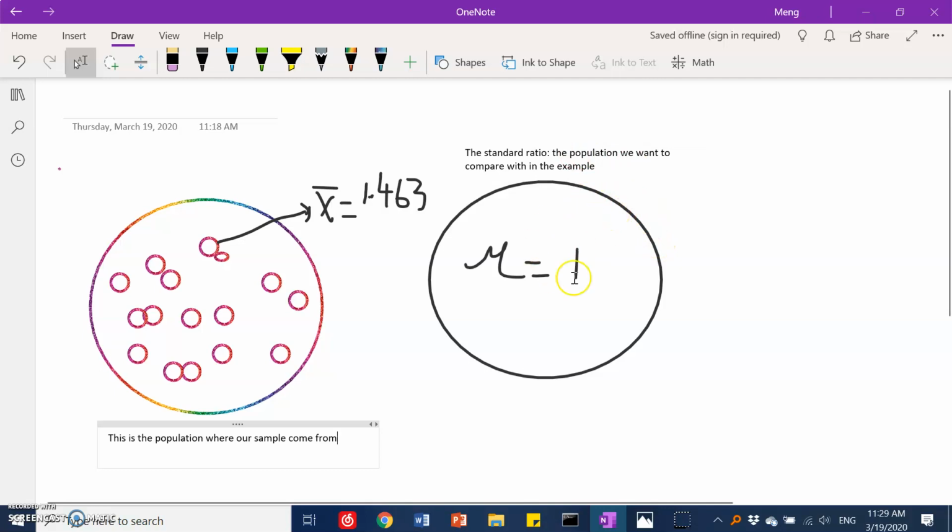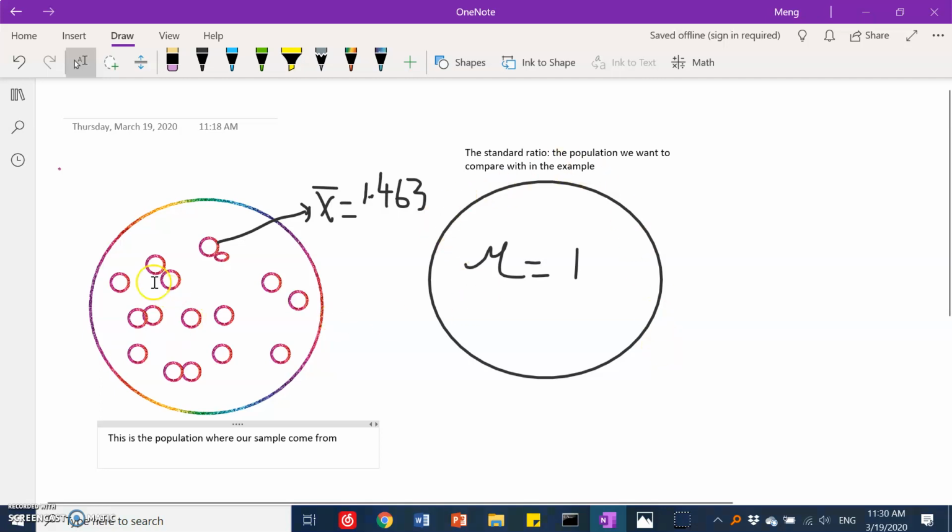In other words, this population's mean is 1. That's the standard ratio between the horizontal and the zenithal. So again, this black circle represents the population which we want to compare our sample with.